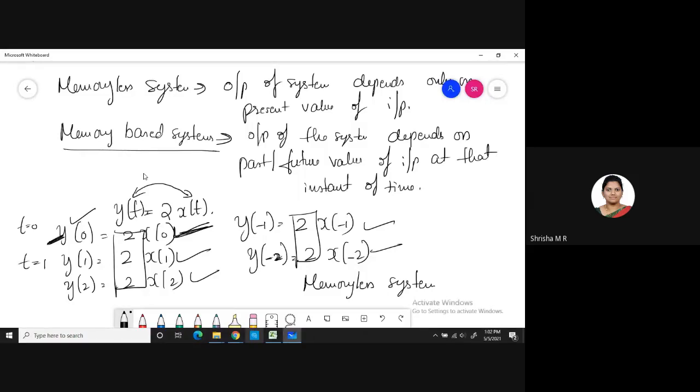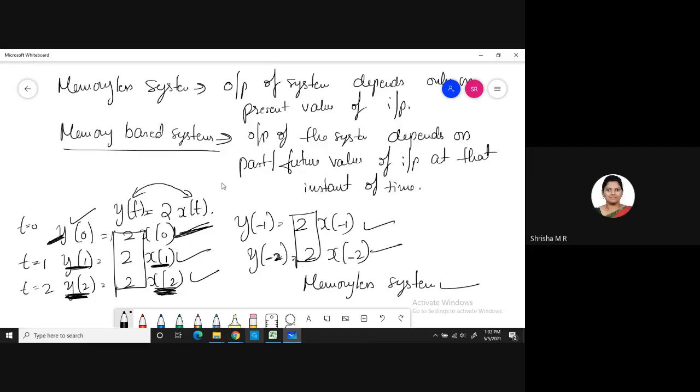At t is equal to 1, y of 1 is equal to x of 1. At t is equal to 2 also same thing, y of 2 is equal to x of 2. So if you have coefficients also, it's no problem. It's a memoryless system because present output is depending only on present input. Got it, everyone? Are you guys following? Yes, ma'am.